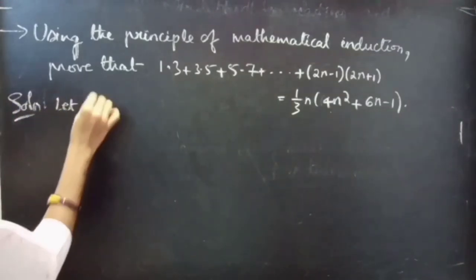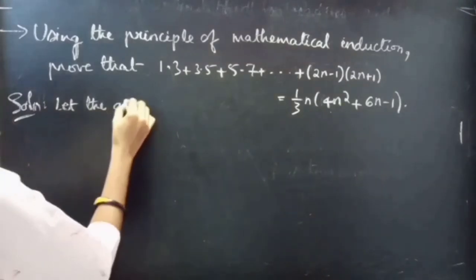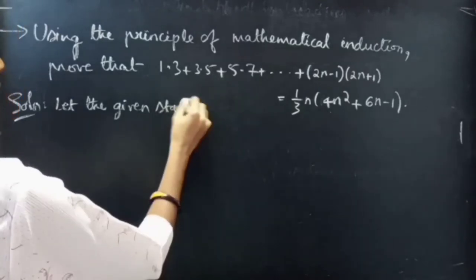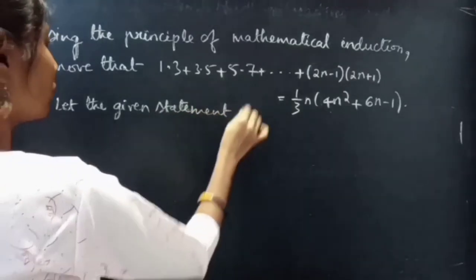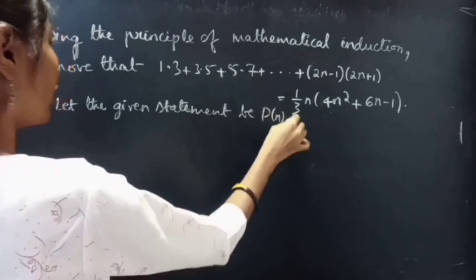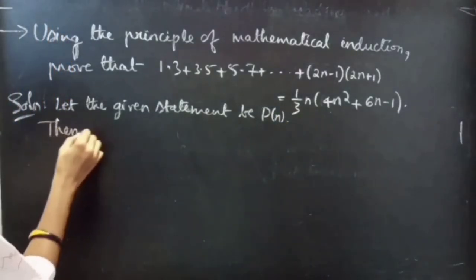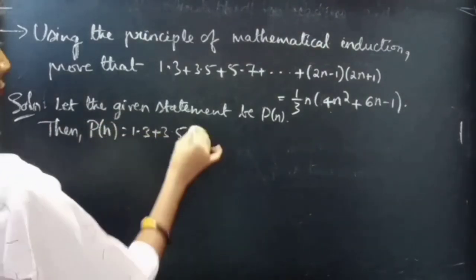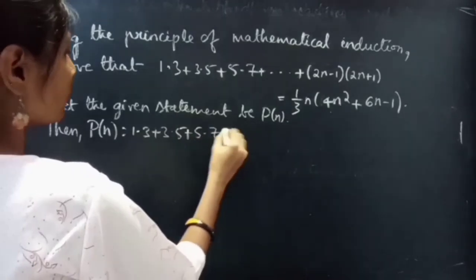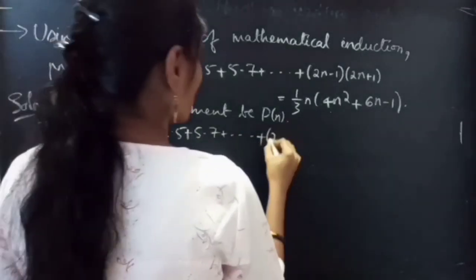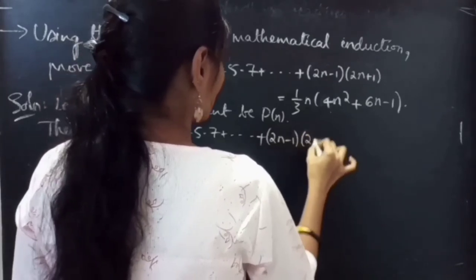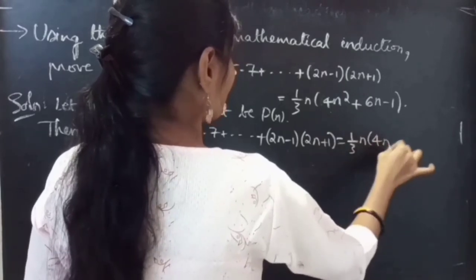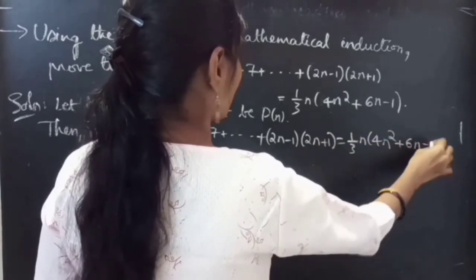Let the given statement be P of n. Then P of n such that 1 into 3 plus 3 into 5 plus 5 into 7 plus so on plus (2n minus 1) into (2n plus 1) equals 1 by 3 into n into (4n square plus 6n minus 1).